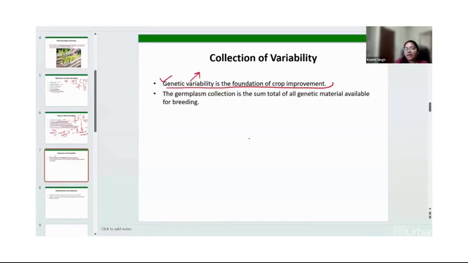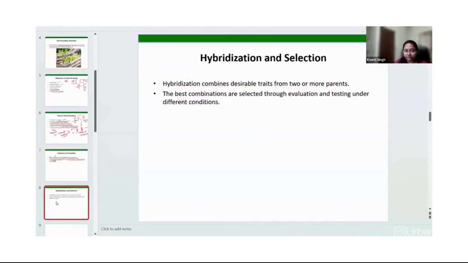So this germplasm collection is the sum total of all genetic material available for breeding. All type of genetic material that we can think of. We will do the hybridization. Hybridization is nothing. What we are doing, we are combining the desirable traits from two or more parents.